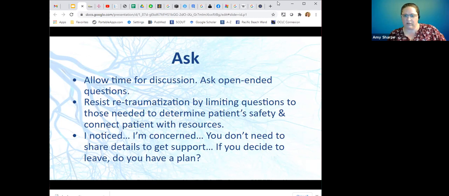You don't need to share all the details to get support. So it helps to facilitate those questions, but it's really a way to facilitate a social worker or clinician to let them know we care about this, we want to help if we can, and gives them a way to open up that conversation so that they can listen to what the patient needs.